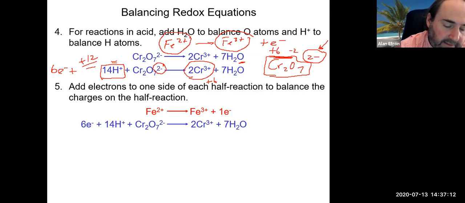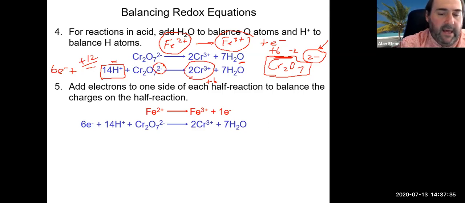Some people are taught to do it individually by each of the elements, what it's gaining and losing, and I've seen a lot of people mess up on that because sometimes there are coefficients that people forget to take into account. So you'll never really mess up if you do it the way I just showed you, where you just look at the overall charge on each side and balance it that way.